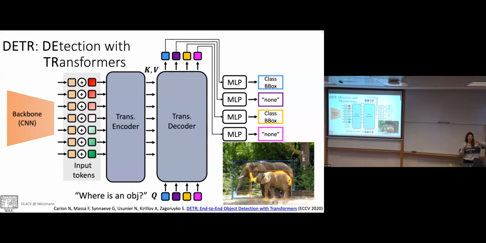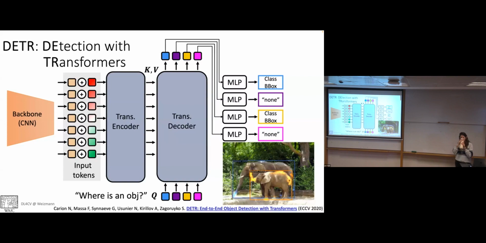Maybe each object query is going to learn a different region to attend to, or different objects, something like that. It's not something specifically for this centered elephant. It's something that is learned during training.